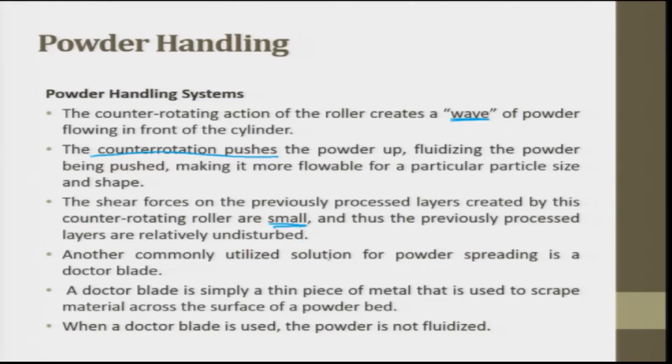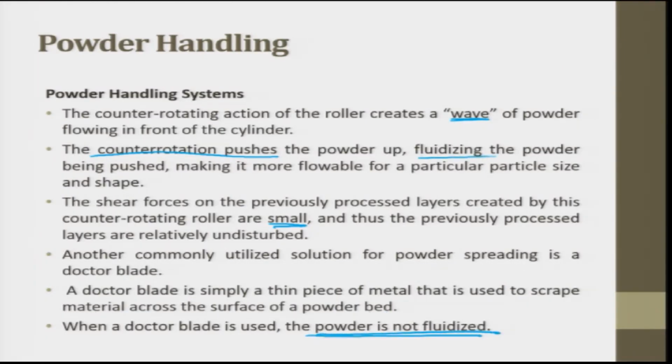Another commonly utilized solution for powder spreading is a doctor's blade, which we saw in the previous discussion also. A doctor blade is simply a thin piece of metal that is used to scrape material across the surface of a powder bed. When the doctor's blade is used, the powder is not fluidized. It is just moved.